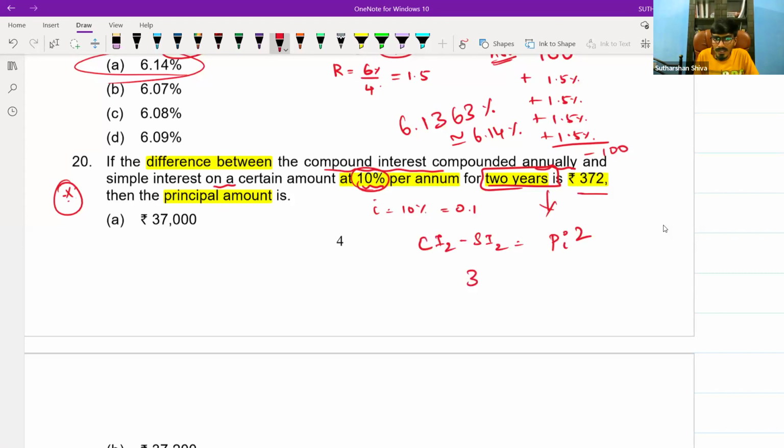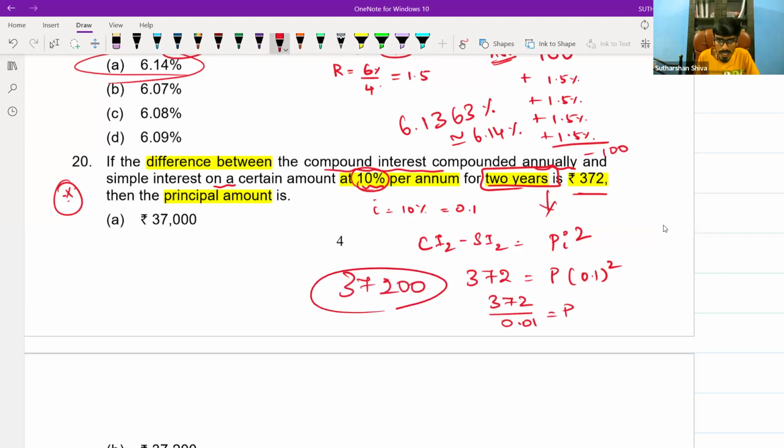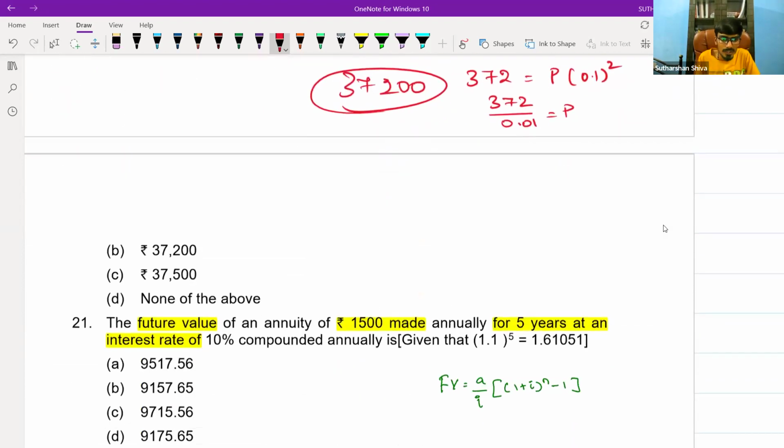Here the value they have given is 372 equal to P I square. I square is nothing but 0.1 square. So 372 divided by 0.01 equal to P. So 372 divided by 0.01, you will get 37,200 as your answer. So option B is your answer.